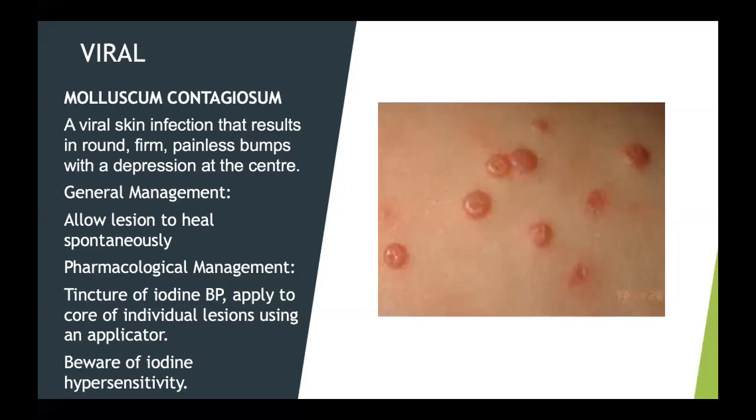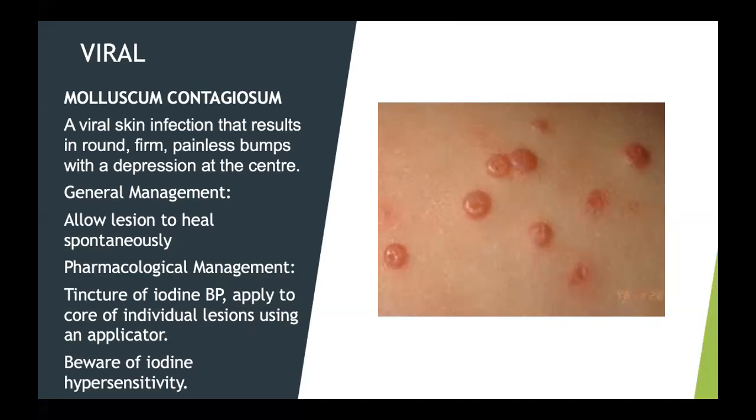Right. Molluscum contagiosum. It's a viral skin infection that results in round, firm, painless bumps with a depression at the center. General management would be to allow lesions to heal spontaneously, and the pharmacological management would be a tincture of iodine BP.